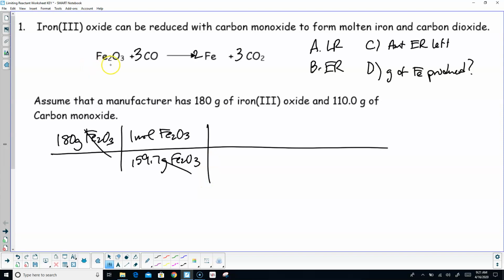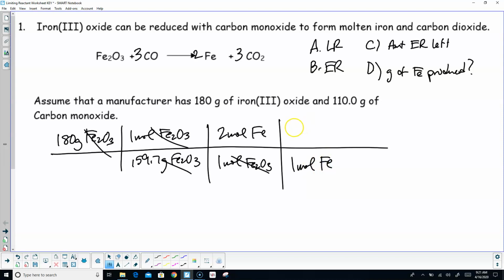Well, according to the balanced formula, for every 1, I get 2. So for every 1 mole iron 3 oxide, there are 2 moles of iron. Moles cancel. Now I know moles of iron, but I don't want moles. I want grams. Remember, when you're doing molar mass, it's always 1 mole.